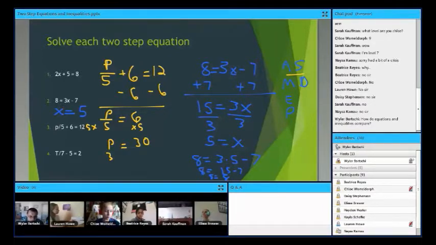So we can check this. 30 divided by 5 plus 6 equals 12. So 30 divided by 5 is going to give me 6. And 6 plus 6 equals 12. Any questions on that?